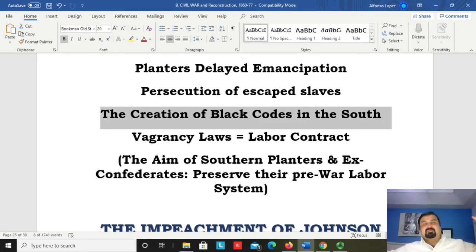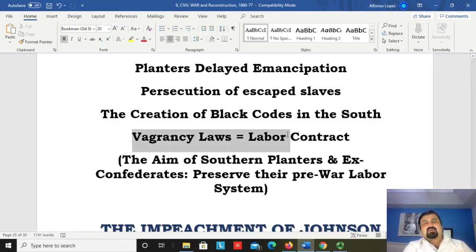The Black Codes are simply laws that Southern states were passing at the state level, which kind of forced, if you will, the freed population to go back to the plantation, perhaps not to the same one that they used to work for, but to any of the southern plantations.